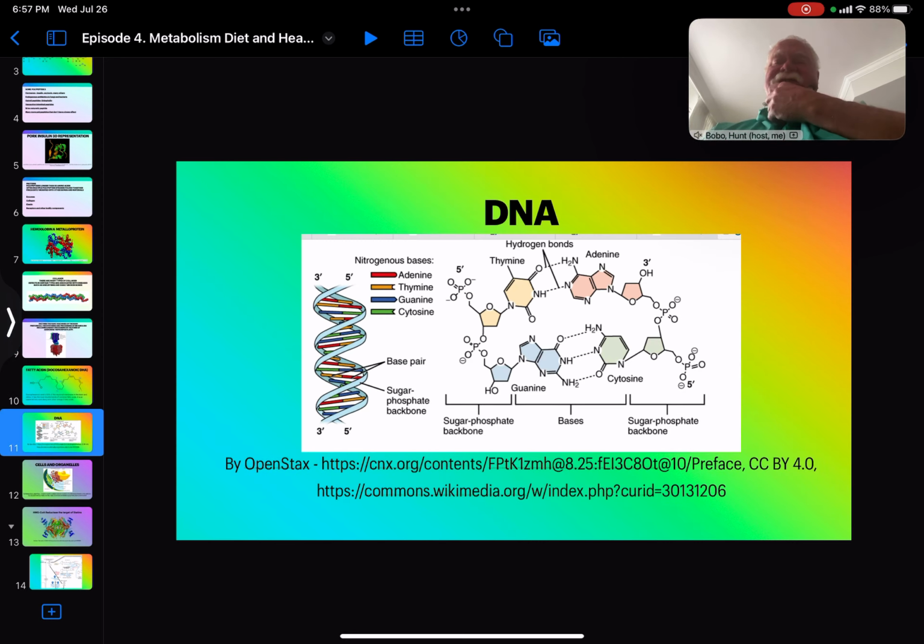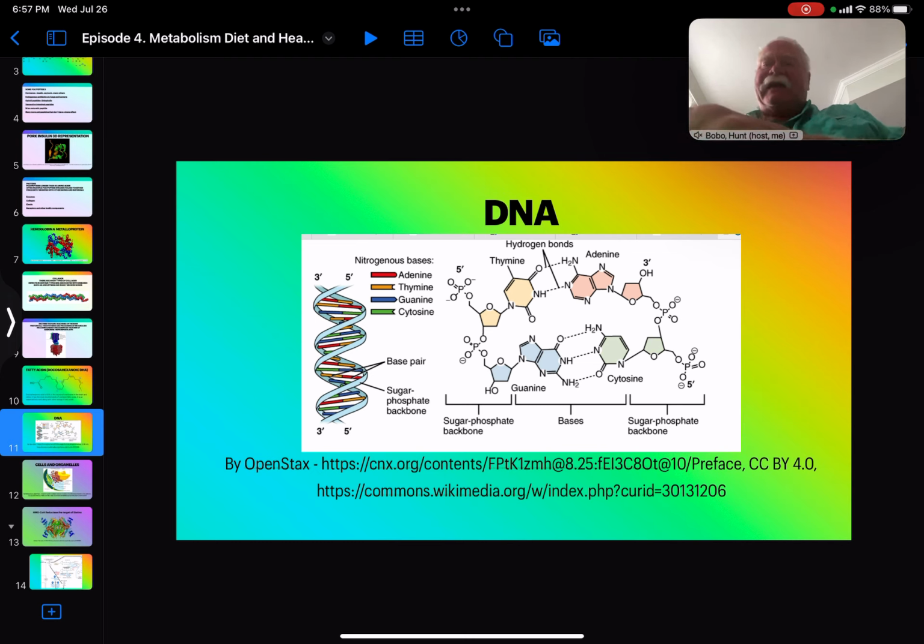All these enzymes are coded in their polypeptide sequence by DNA, and this is what the basic DNA double strand pairing looks like. Thymine versus adenine. The whole structure is thymidine and adenosine, and with the phosphate it's adenosine monophosphate, or thymidine.